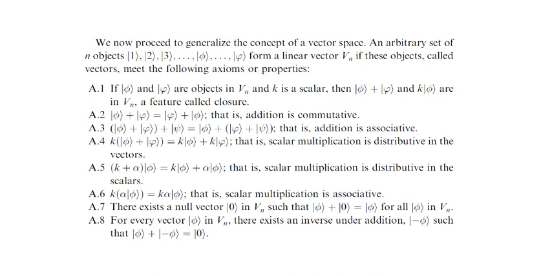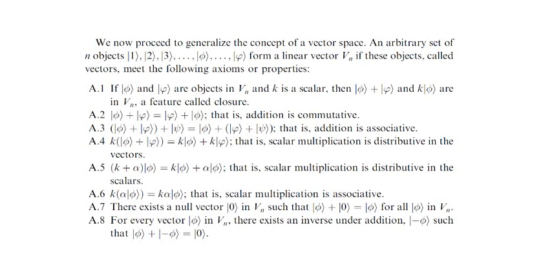Now the second property, just as we saw in the case of our ordinary vectors: phi plus psi is psi plus phi. Addition is commutative. Similarly, addition is associative. I needn't explain it again here. The only difference is that we have denoted here the general vectors, not our ordinary vectors.